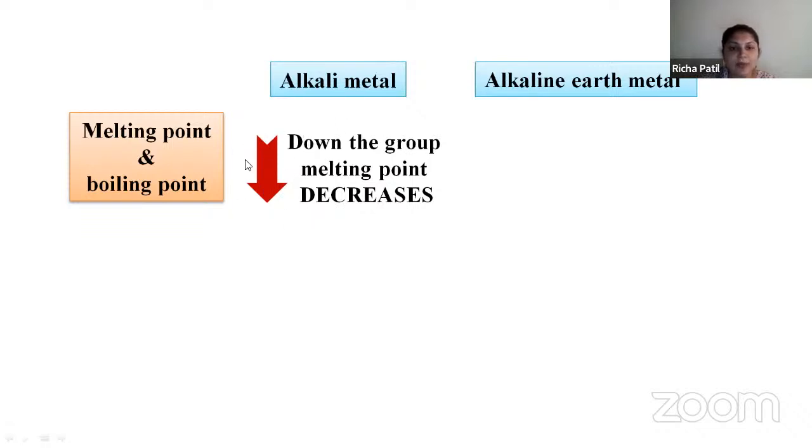As a result, the metallic bonds become weaker. The bond between the metal atoms will be a bit weak, as the size is more. So the melting point decreases as you move down the group.